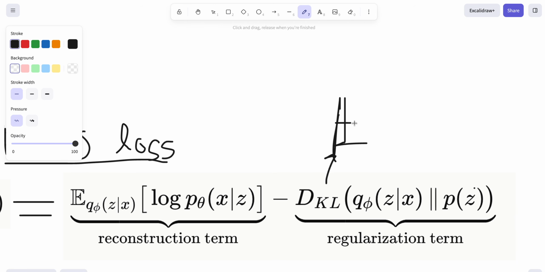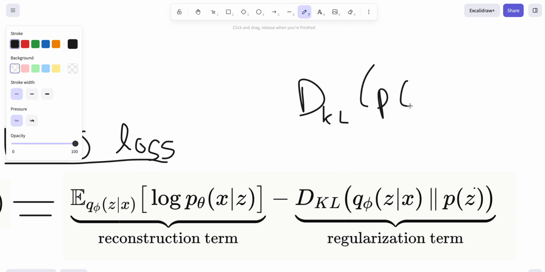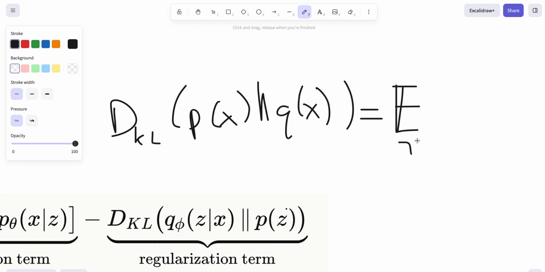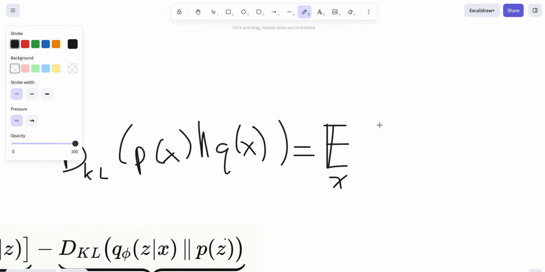If you look at the formula, the Kullback divergence of P of x, Q of x is equal to the expected value of the log likelihood P of x divided by Q of x.